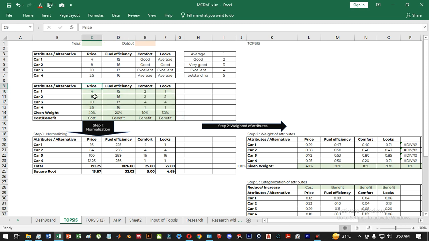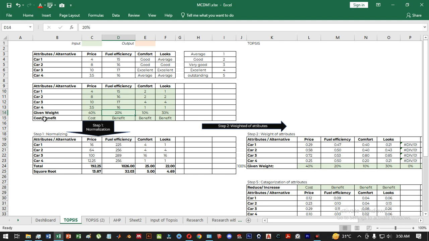Weight means which criteria, which attribute is more valuable or more significant to you. Suppose I am considering the price is the most significant here in order to buy a car. Then fuel consumption, then the comfort and the looks.